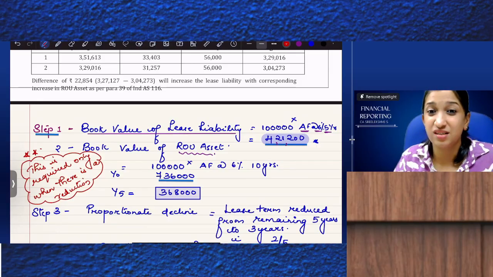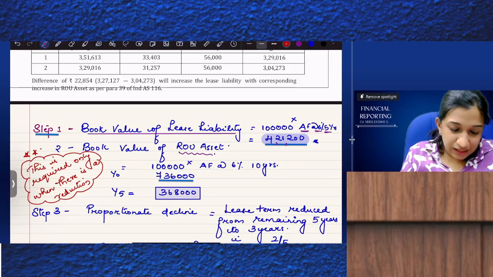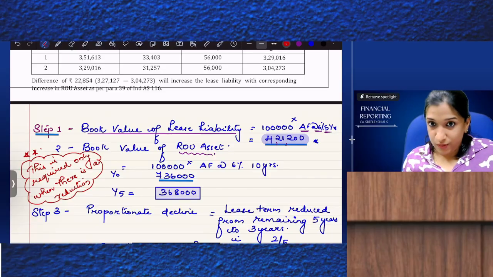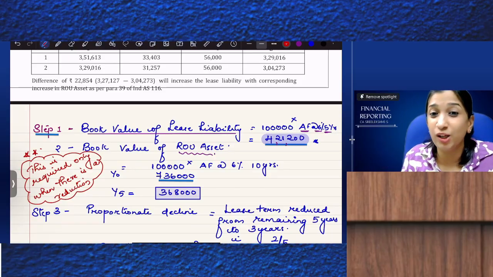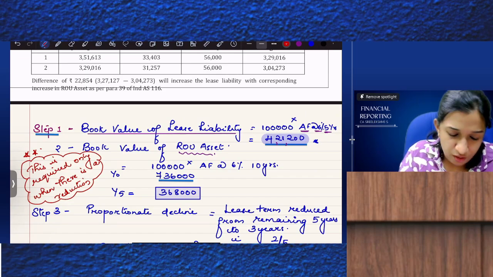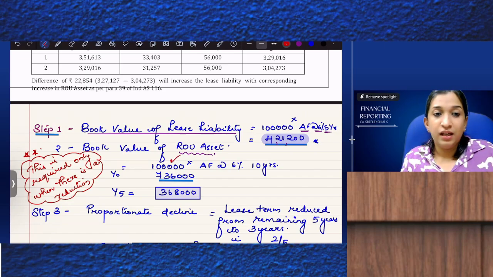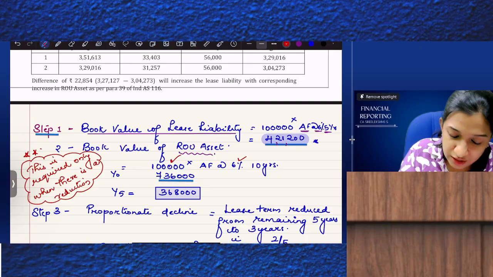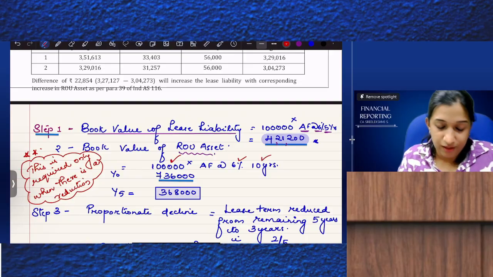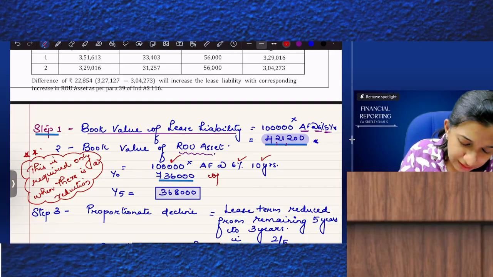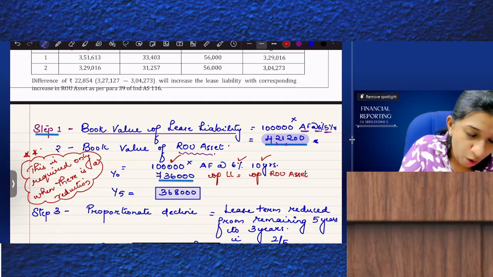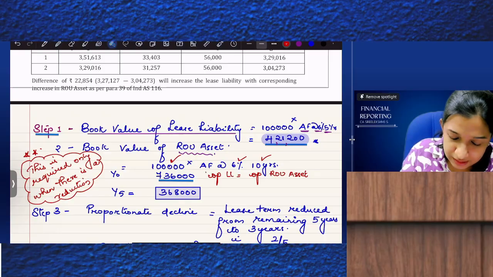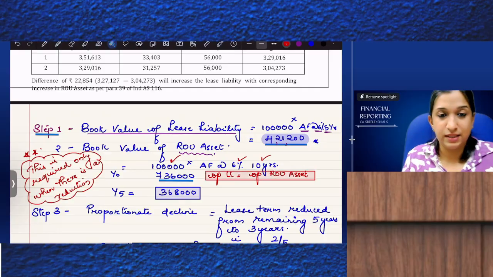How do I calculate it? Calculate the starting ROU asset, the initial ROU asset, and then depreciate. How do I calculate the starting ROU asset? 1 lakh into annuity factor at 6% for 10 years. This is the opening lease liability, which is equal to the opening ROU asset.